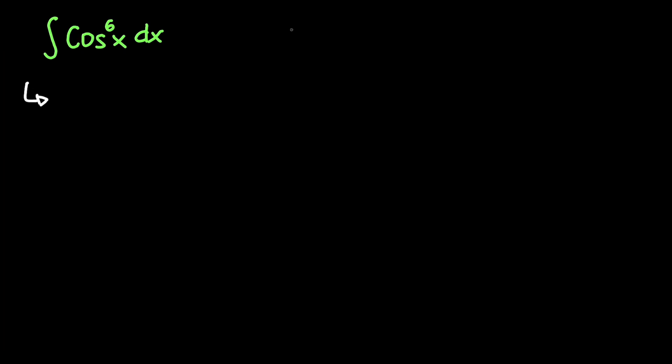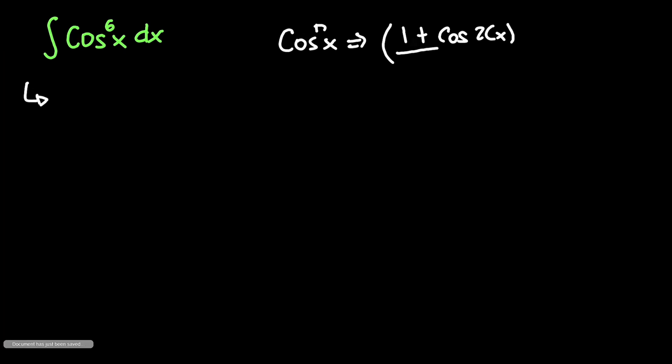The rule for this is that cosine to the power of n of x transforms into 1 plus cosine twice of whatever value x is, over 2, raised to the power of n divided by 2.